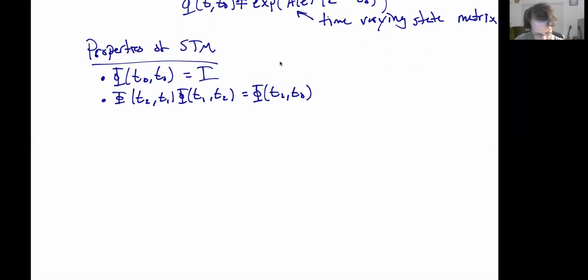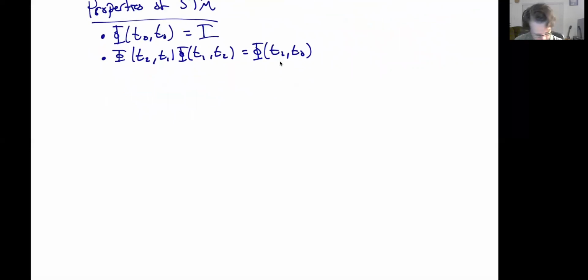The next one is that if we take the inverse of the state transition matrix, say we needed to manipulate it and invert it, it exists, and it's no more than taking the state transition matrix and swapping the inputs, t0 and t1.